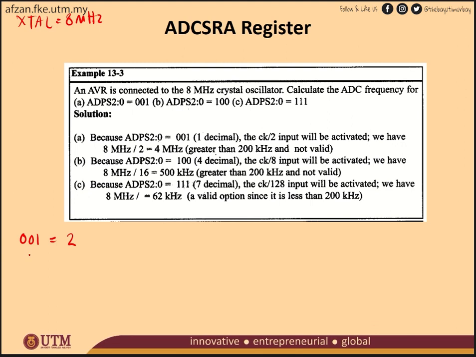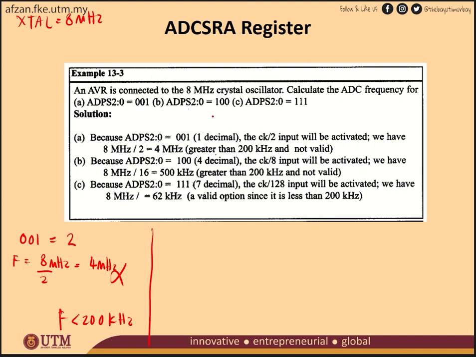So F equals 8 megahertz divided by the prescaler, and you get 4 megahertz. Is 4 megahertz lower than 200 kilohertz? No, it's bigger. So you cannot use this one. It is not valid. You cannot use a prescaler of 2.